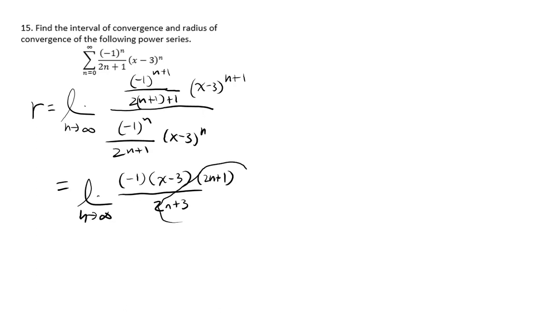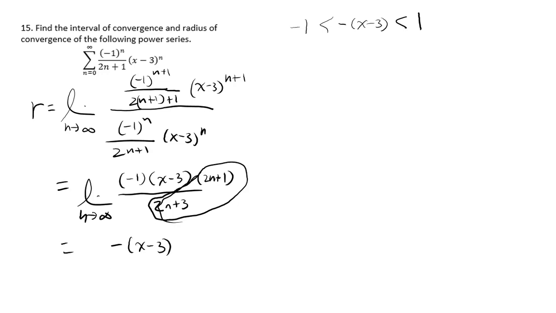And since this is just going to give you 1, see, when n is really large, 1 and 3 can be just ignored. And then you have 2n over 2n, and you get 1. So you get negative of x minus 3 as your result. Therefore, for this to converge, you need negative x minus 3 to be between 1 and negative 1.